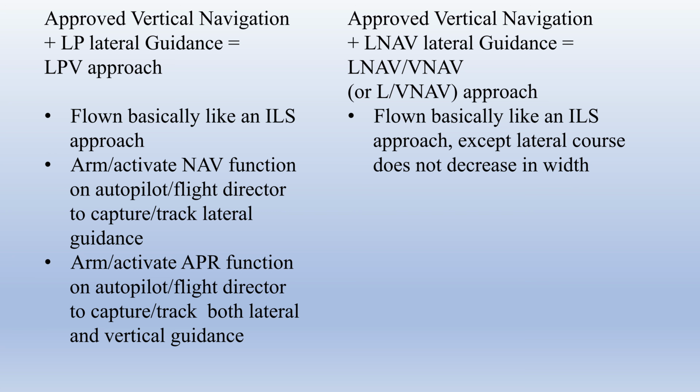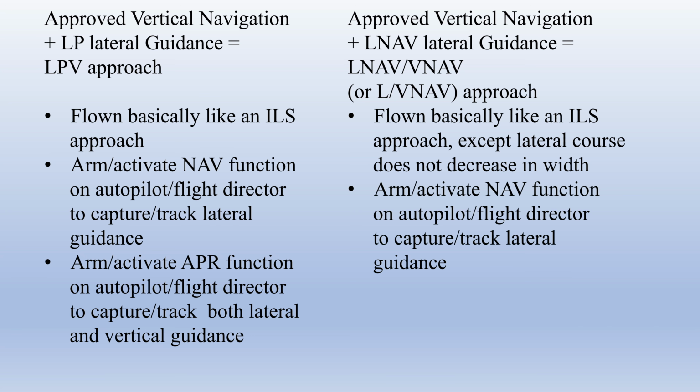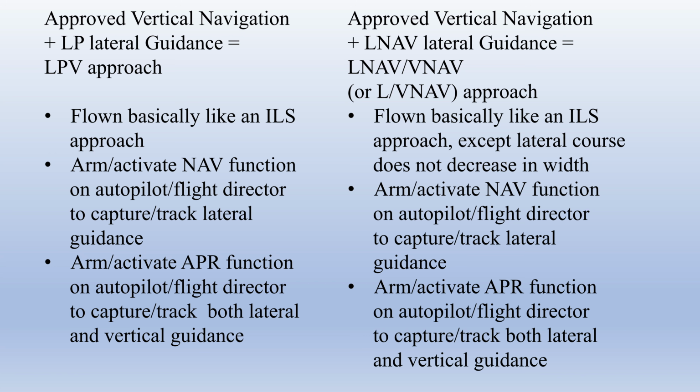The only difference is that the lateral course width will not decrease as you get closer to the runway. It will stay the same width. Just like the LP+V approach, you can arm or activate the nav function on your autopilot or flight director to capture and or track the lateral course guidance from the GPS, and you can arm or activate the approach function on the autopilot or flight director to capture and track both the lateral and vertical guidance from the GPS.